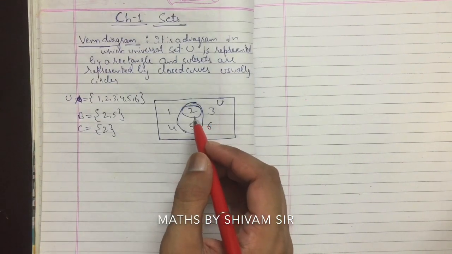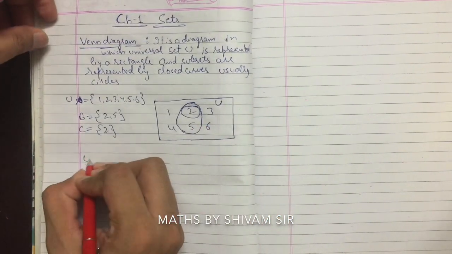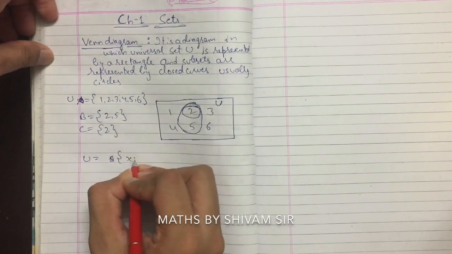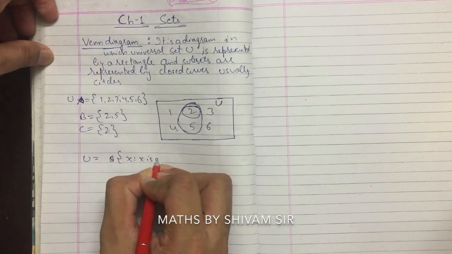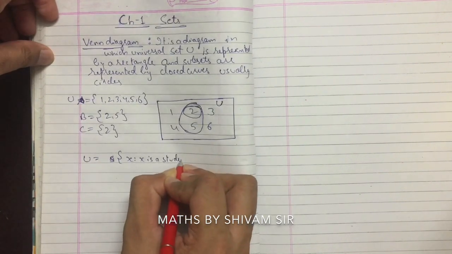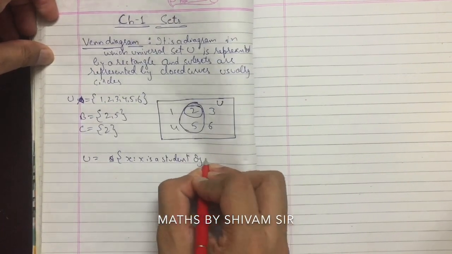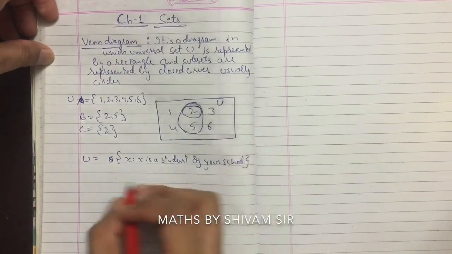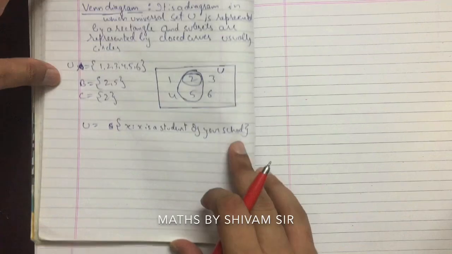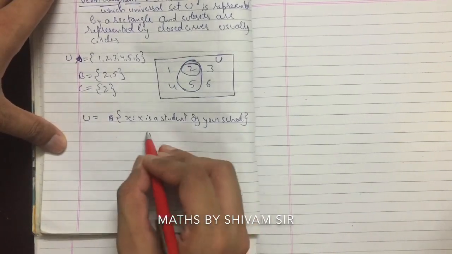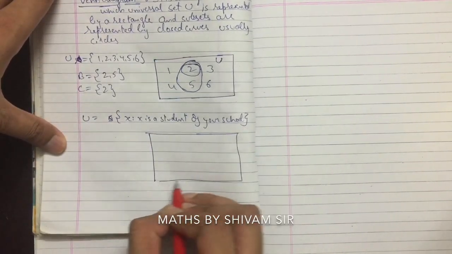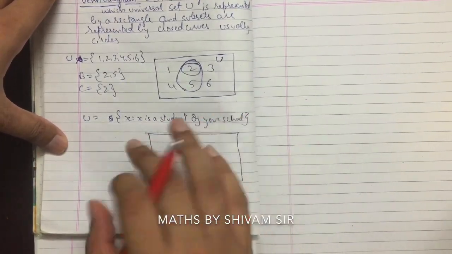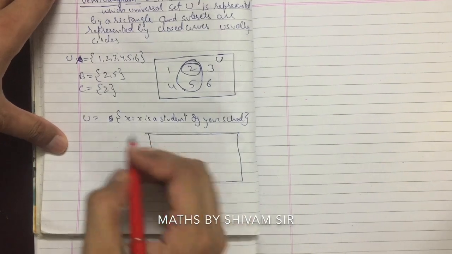Let's take another example. Let U be the set of students, where x is a student of your school. This set will be represented by a rectangle, and all the students of your school are elements of it.